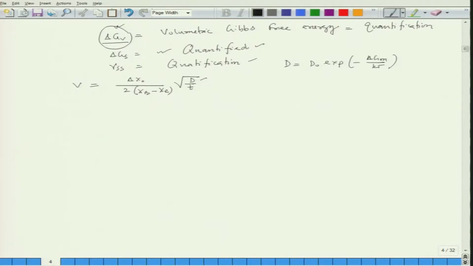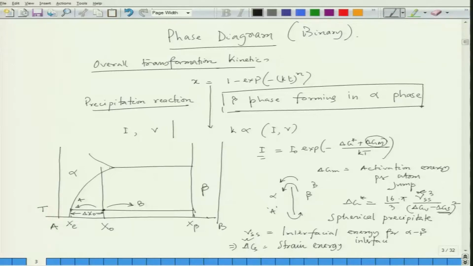And this diffusivity we are considering, since this alloy is on the rich side, and we have just taken it to the single phase region, solutionized it and then quenched it. So, actually your structure is alpha, and when we leave it here, the alpha phase would like to go to this point, because this is the equilibrium alpha composition at temperature T.